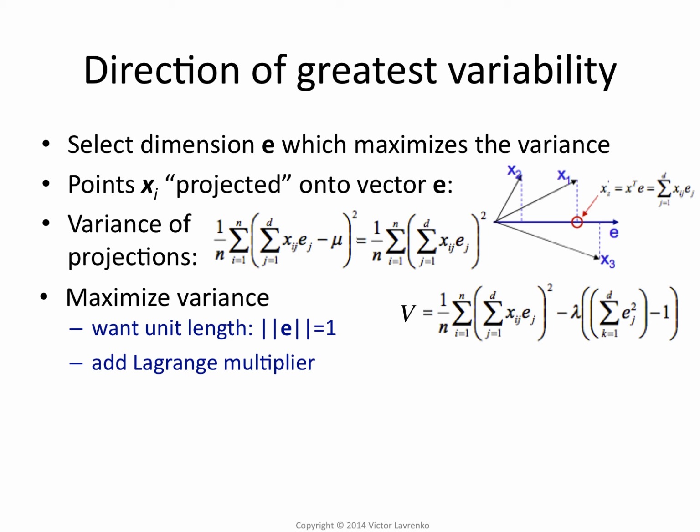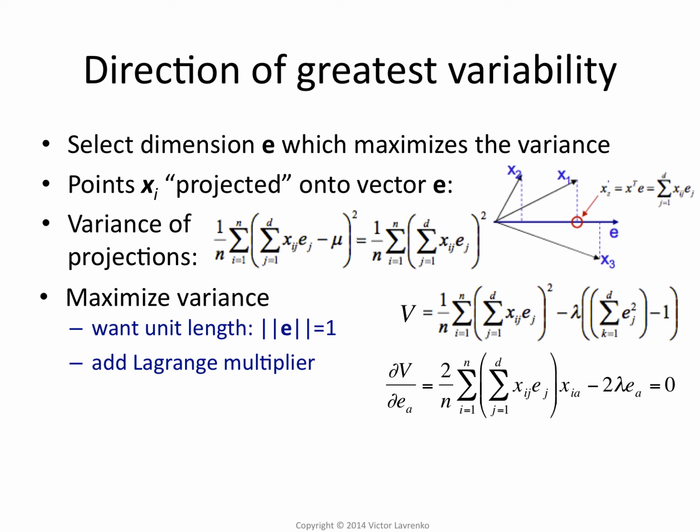So how do I maximize things? Well, you take the derivative and then see where that derivative is 0. The derivative in this case happens to look like that. I'm differentiating the variance with respect to components of my vector E. Remember, my vector E, that's the blue line, has certain coordinates.